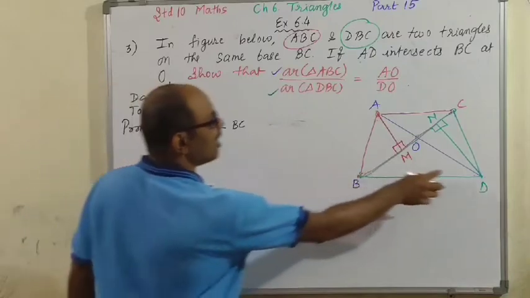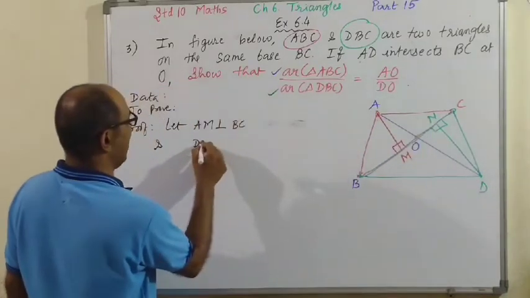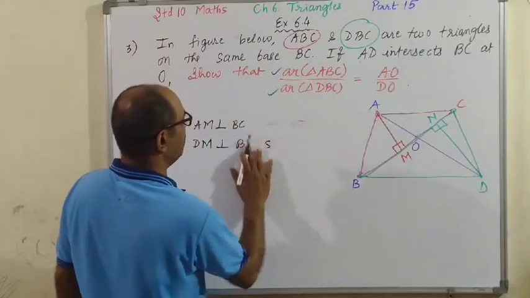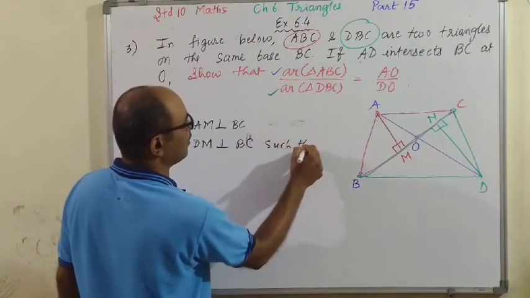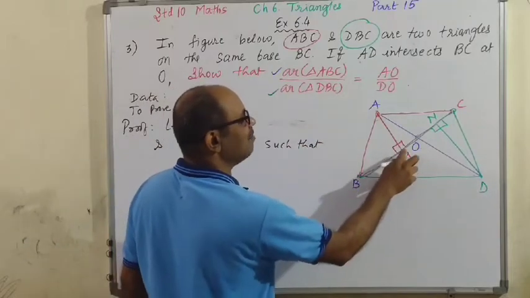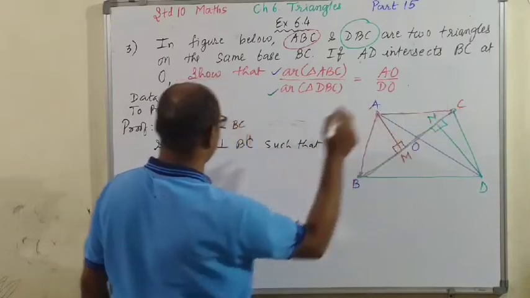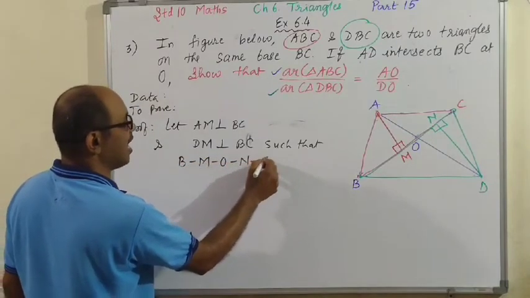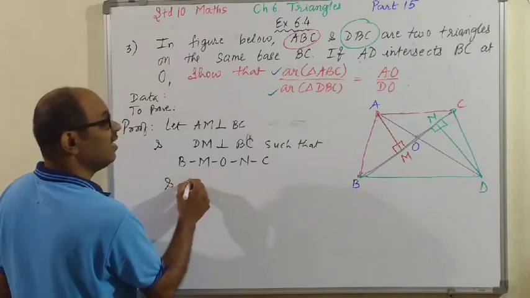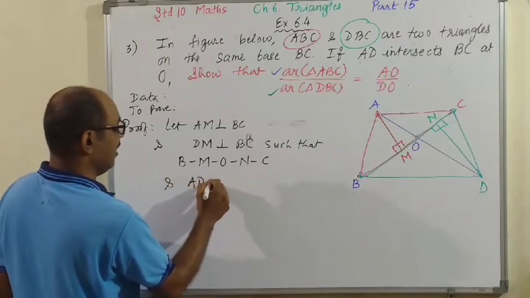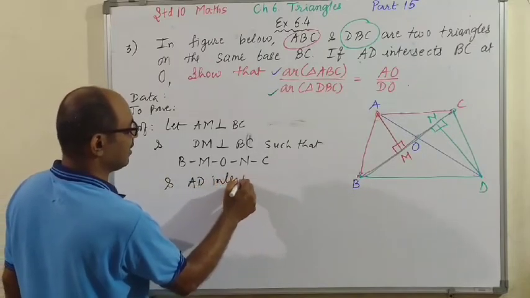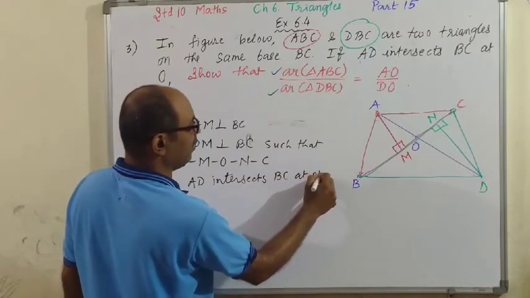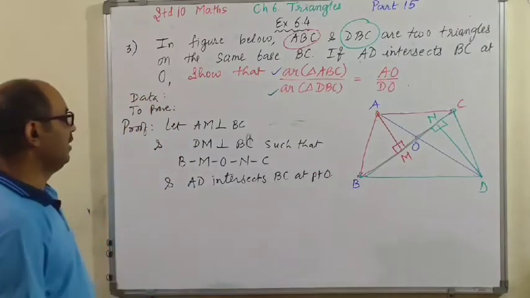And say it, say it. DN perpendicular to BC such that B-M-O-N-C, B-M-O-N-C, and AD intersects BC at point O. Correct?